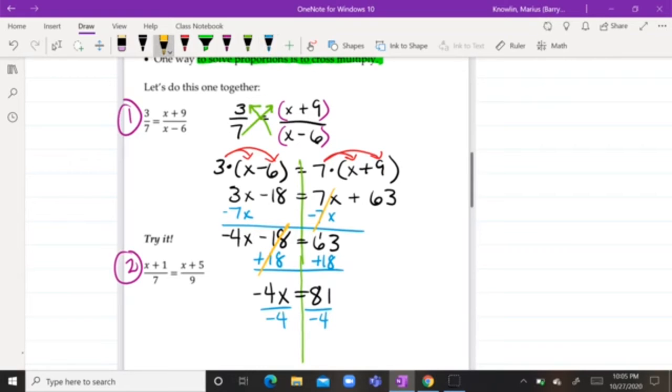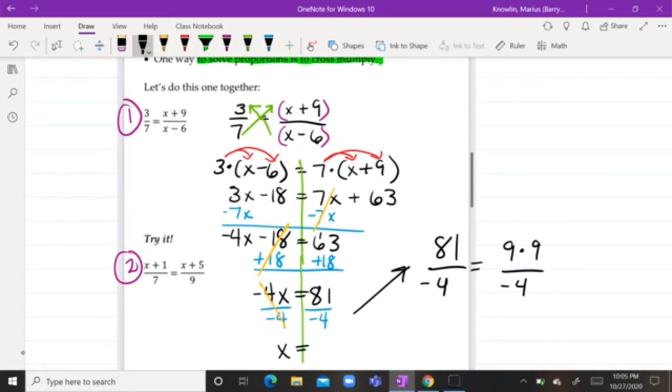Alright, so we get rid of the negative 4's, and now we have x equals, well, if we were unsure about how to factor this, 81 divided by negative 4, we could write it as 9 times 9 divided by negative 4, but 4 doesn't go into 9 at all. So with that being said, we would just leave it as negative 81 fourths.